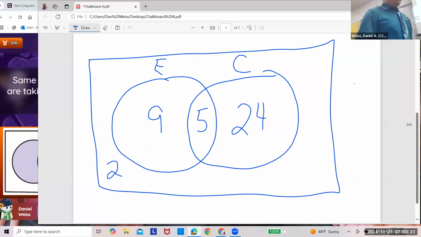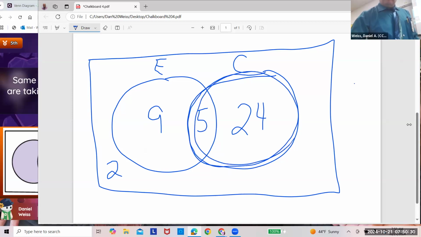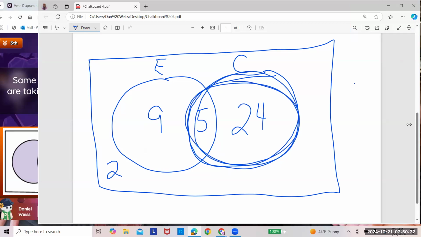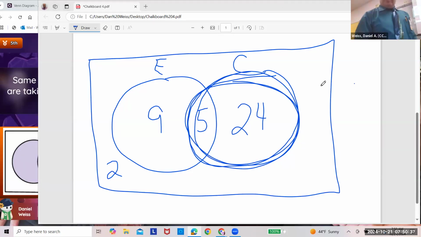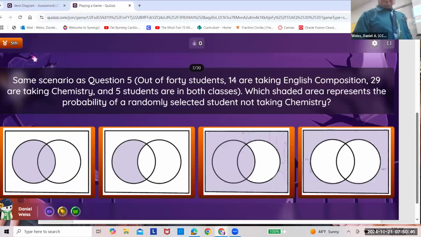So remember, if chemistry is this circle here, not taking chemistry means that it's everything else shaded in, right? Not taking chemistry is everything else. So it should look like the third one, right?